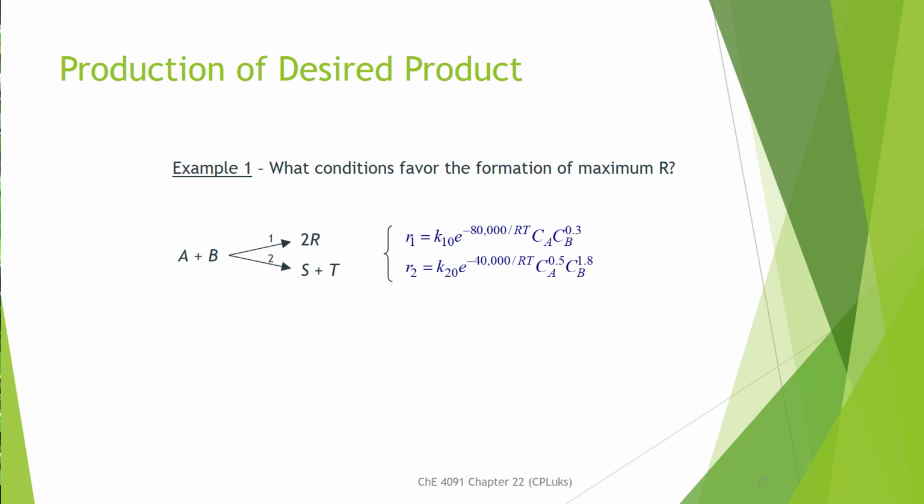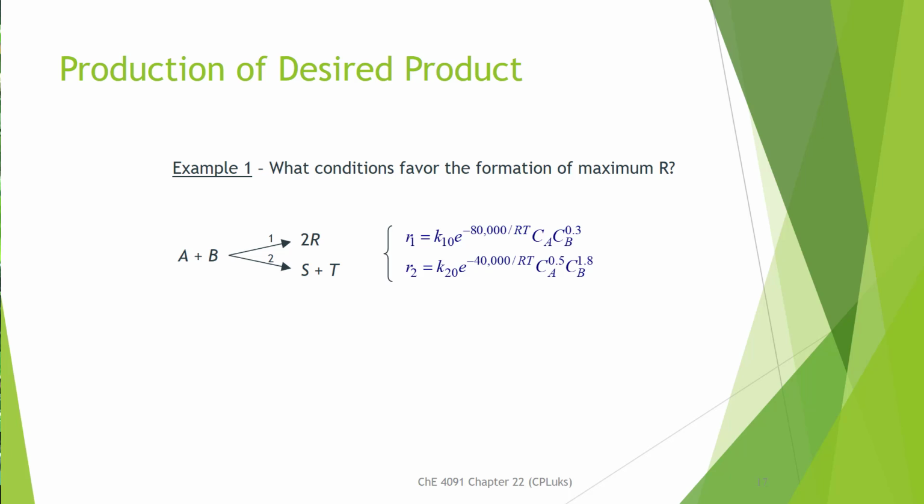So let's look at a couple of examples here. The first one is what conditions will favor maximizing R. So we have reaction rate 1 and reaction rate 2 given here. And for maximizing R, we want reaction rate 1 to be faster.